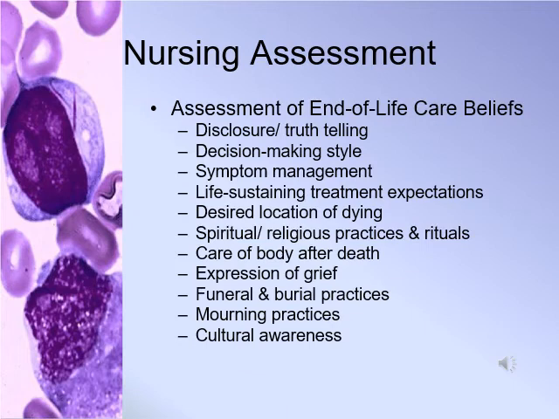Expressions of grief: what types of losses have you and your family experienced? How have those been expressed, and how can we help you? Funeral and burial practices, again, what are their plans? Do we have a certain location and arrangements that have been made? And then mourning practices. It is nice if there are any cultural considerations about how they want to mourn and how they may want to express that when the time comes.